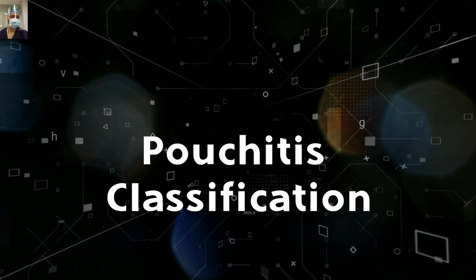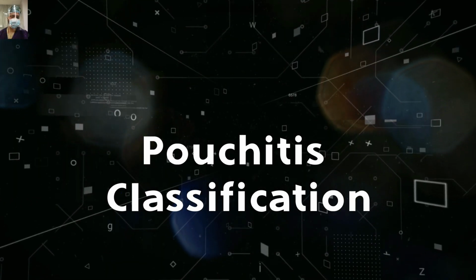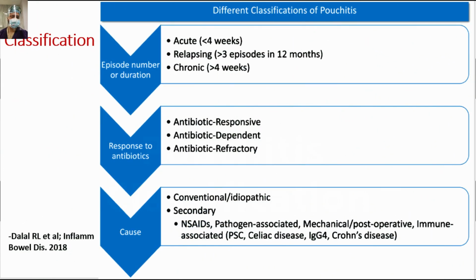So basically we have three classification systems for pouchitis, depending on the duration or episode number, the response to antibiotic, and the causes. Depending on the duration, it can be acute if it is less than 4 weeks, relapsing if there are more than 3 episodes in 12 months, or chronic if the symptoms persist for more than 4 weeks. Depending on the response to antibiotic, it can be antibiotic responsive, antibiotic dependent, or antibiotic refractory.